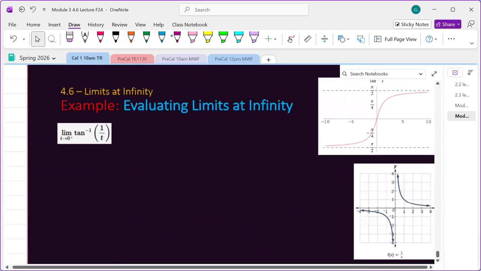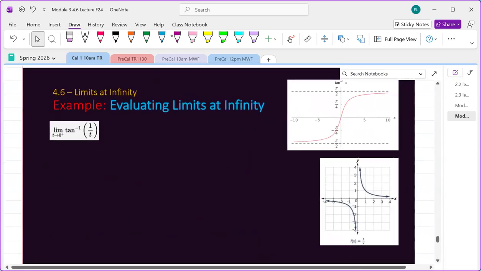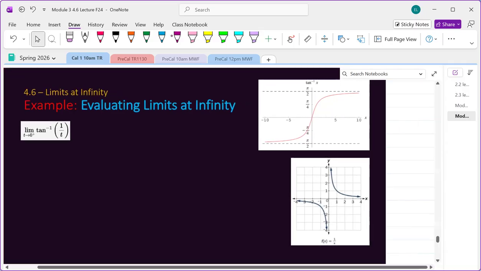Now we get the calculus professor's favorite function for limits at infinity, because the graph of inverse tangent of x has two horizontal asymptotes.